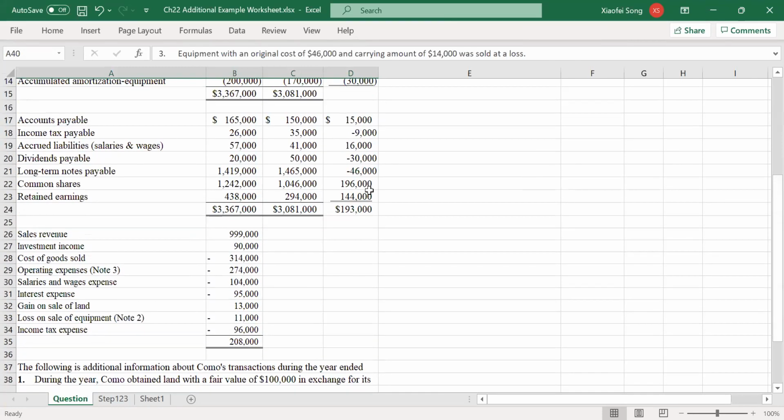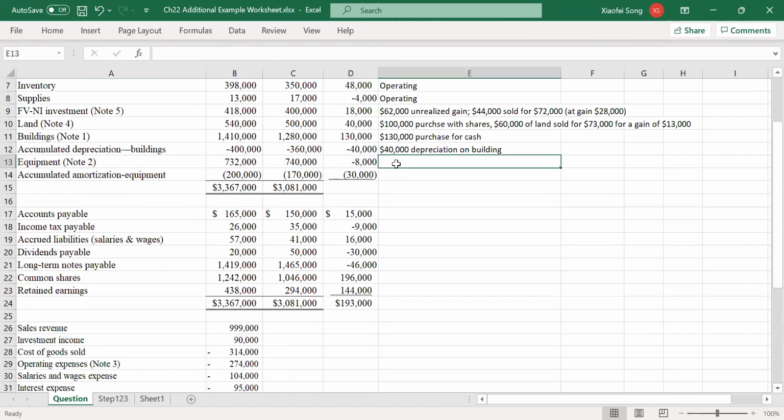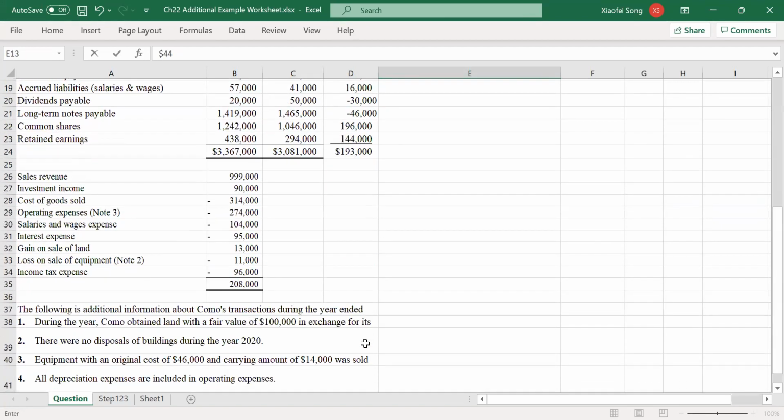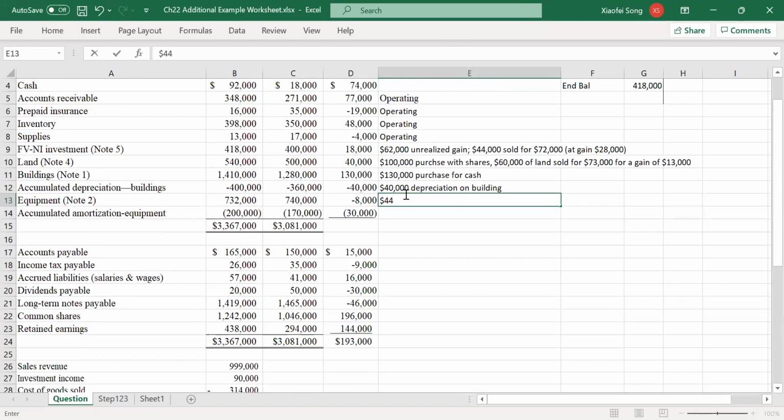So let's put that part in. Did they say 44? 46, sorry. 46,000 of equipment was sold for 3,000.